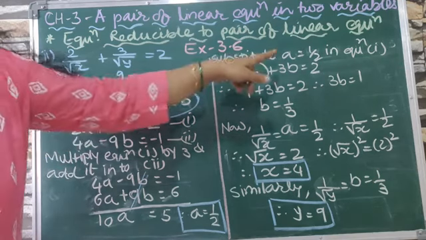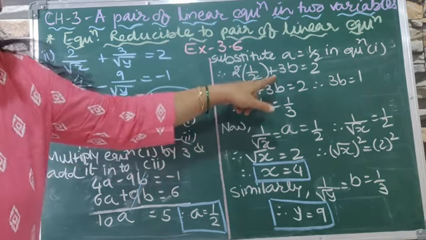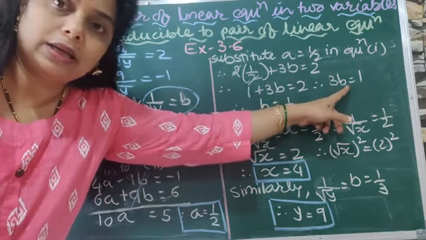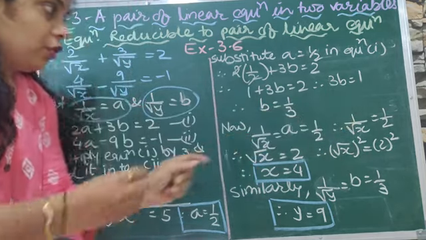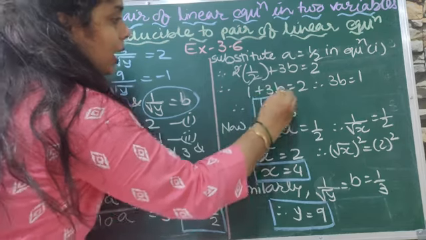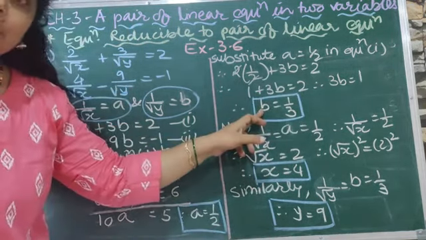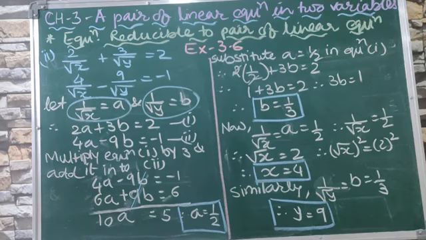I substitute in equation 1, so 2 cancels out, and 1 remains, plus 3b is equal to 2. This 1 goes to the other side, therefore 3b is equal to 1, and b is equal to 1 by 3. So a is equal to 1 by 2 and b is equal to 1 by 3.